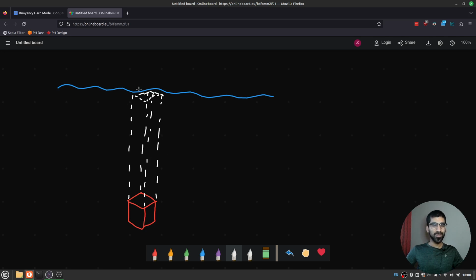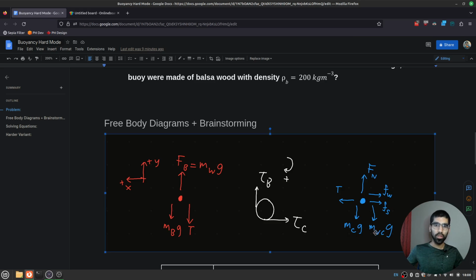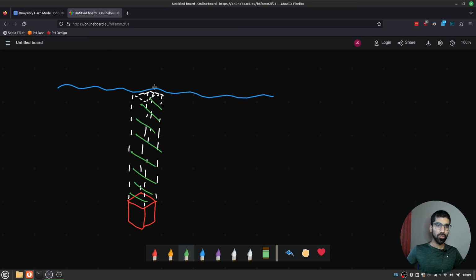If you can imagine that area, all of the water in the shaded region directly above the cube is pressing down on the cube with its weight. So that's what I'm referring to with the mass of the water column: the mass of the water directly above the cube that is pressing it downwards.